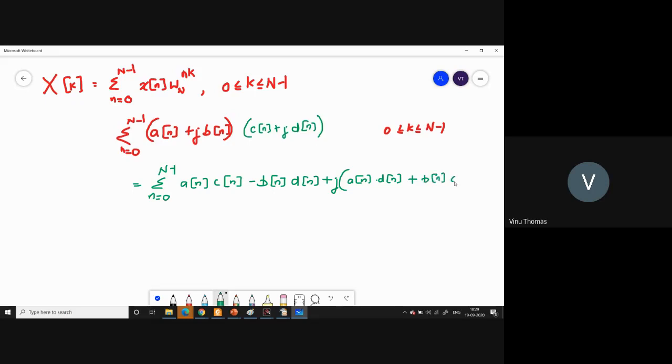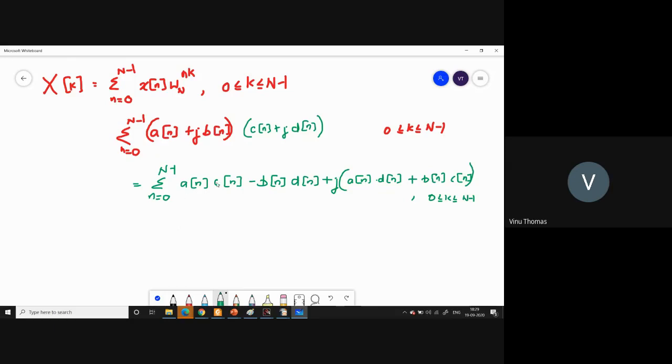Is it understood? Any doubts? This is for 0 less than or equal to k less than or equal to n minus 1, where c of n was equal to cos 2 pi by nk and d of n was equal to minus sine 2 pi by nk.